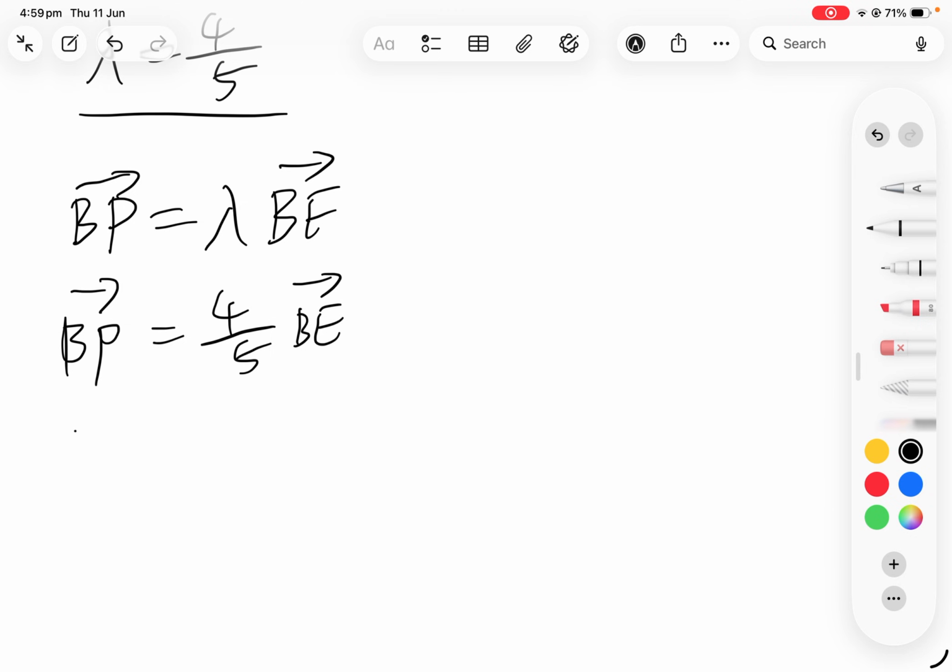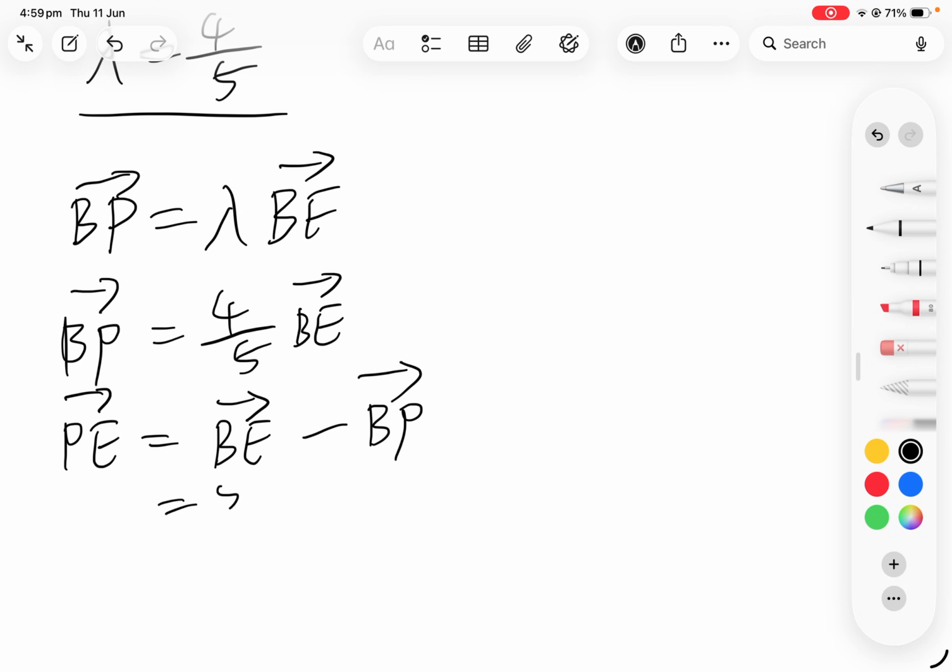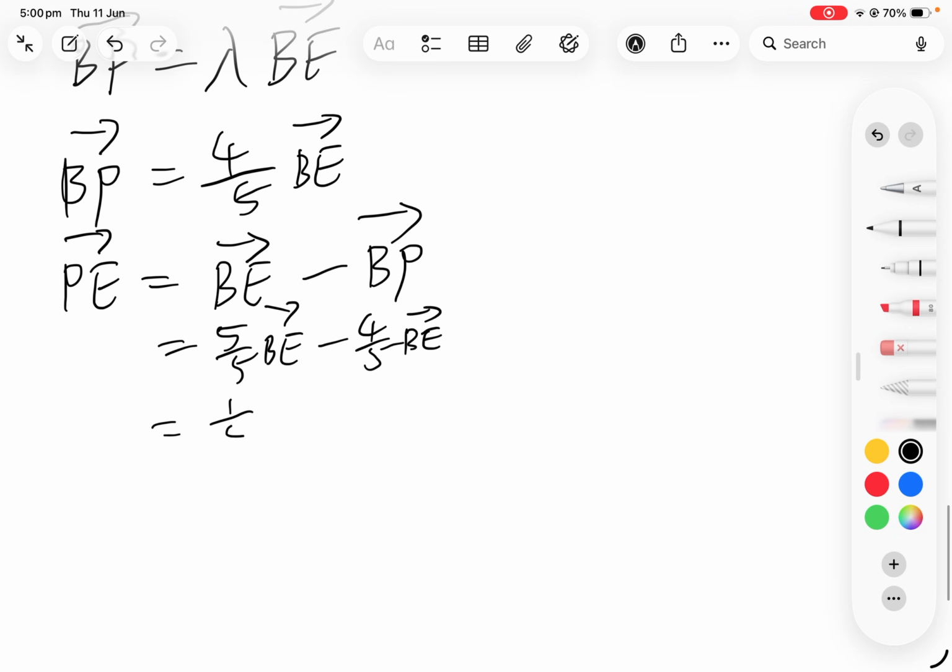That means PE must equal BE, because that's the full line, minus BP. So that equals 5 over 5 BE take away 4 over 5 BE, which equals 1 over 5 BE.